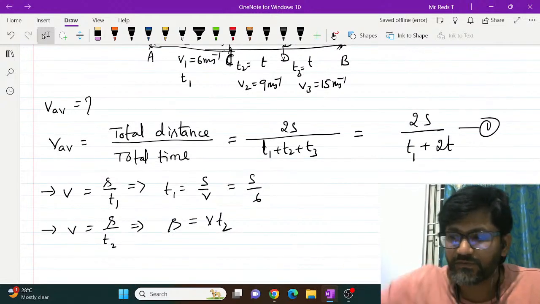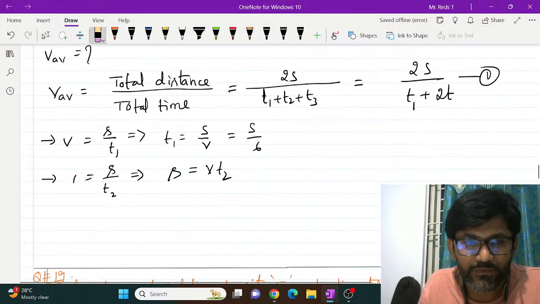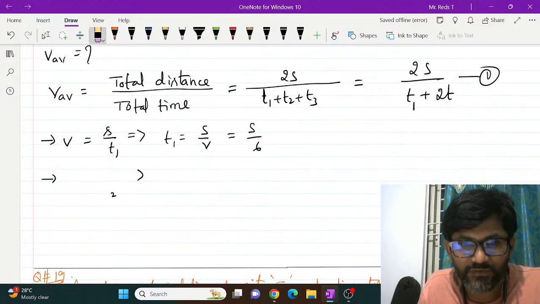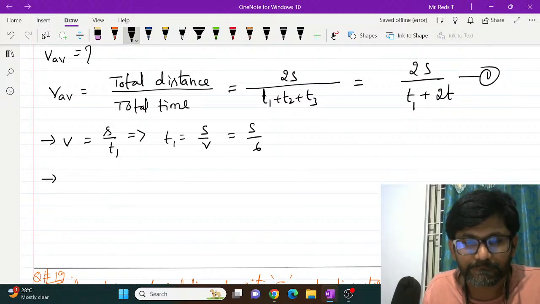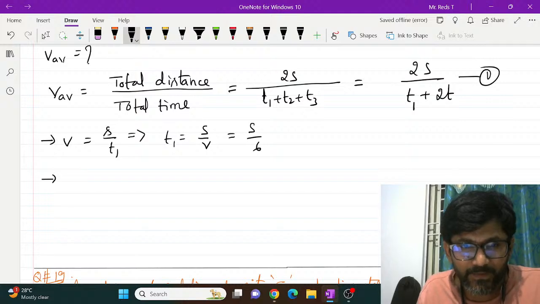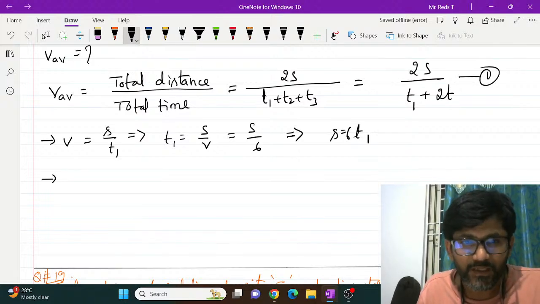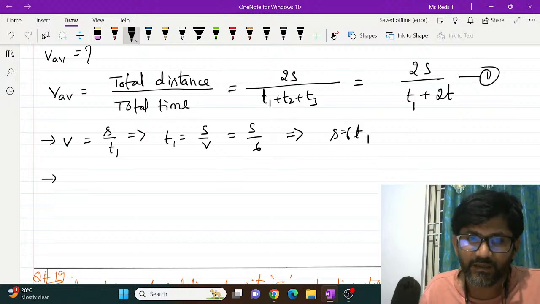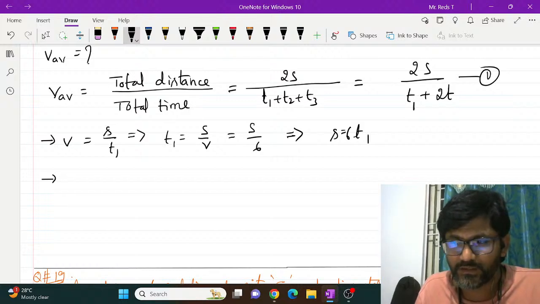So for working out this particular part, we just have to make use of one simple relation here. From this you can also take S is equal to 6T1. But for the remaining half distance, that is S, it has taken two equal intervals of time.